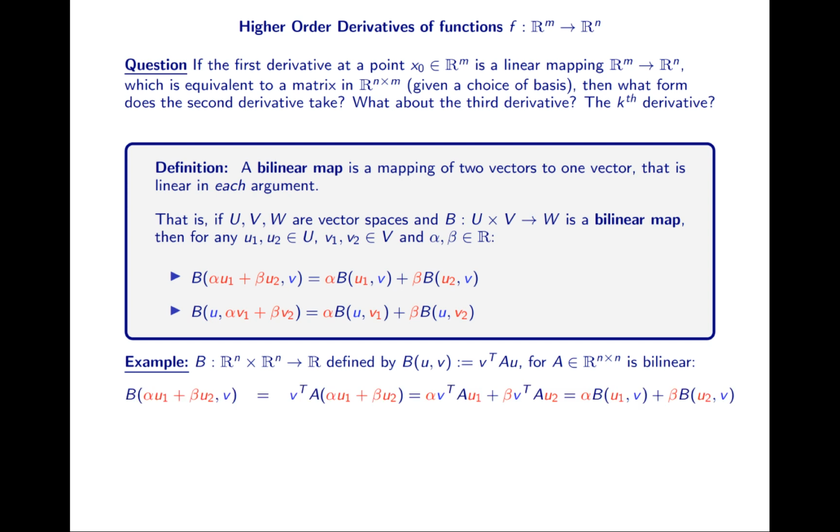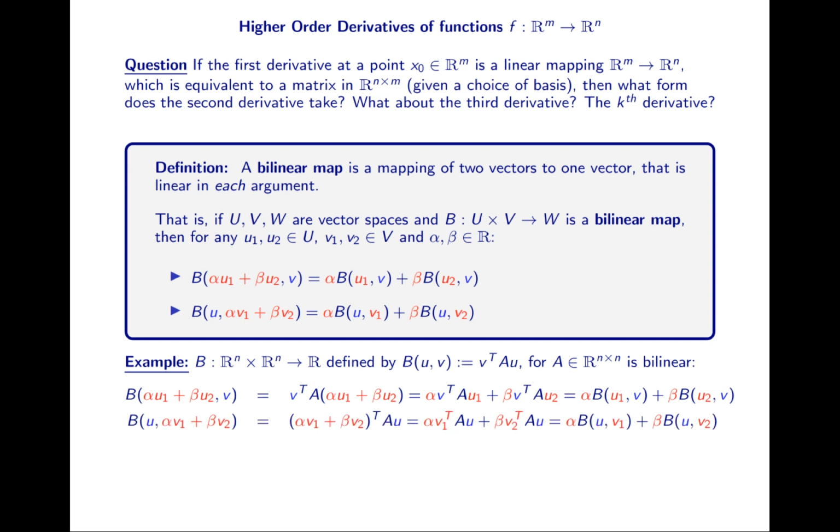That is, B of a linear combination alpha U1 plus beta U2, comma V is V transpose A times that linear combination. Of course, if V transpose is kept constant, I know that A times the linear combination can be distributed. That's a linear operation, right? That's just matrix vector multiplication, which is a linear operation. So I get the linear in the first argument criteria that I want.